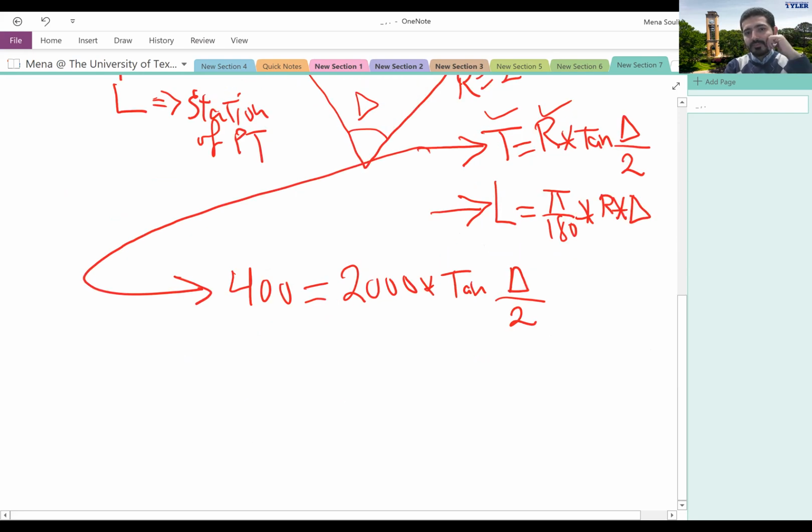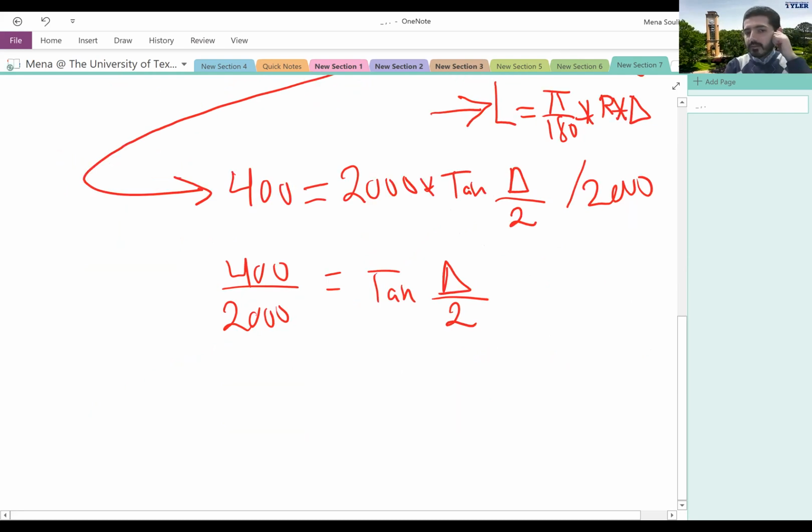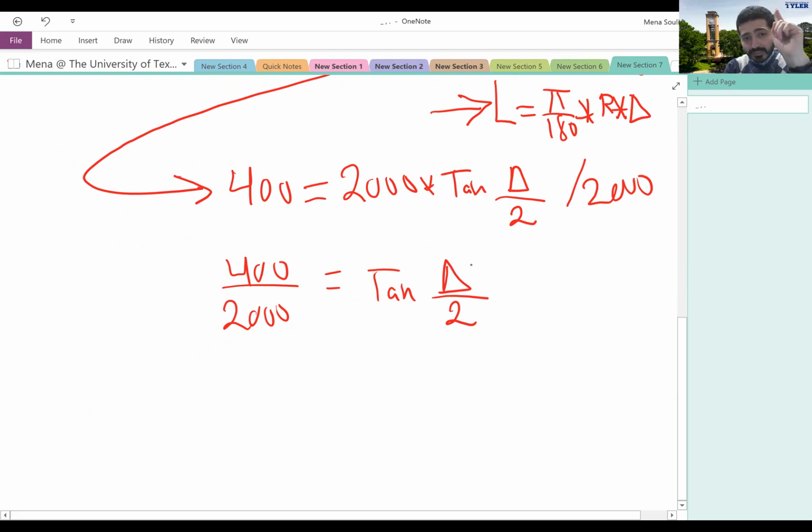If I divide each side by 2000, that means now 400 over 2000 is going to be equal to the tangent of delta over 2. Therefore, to get the delta over 2, this is here another common mistake.